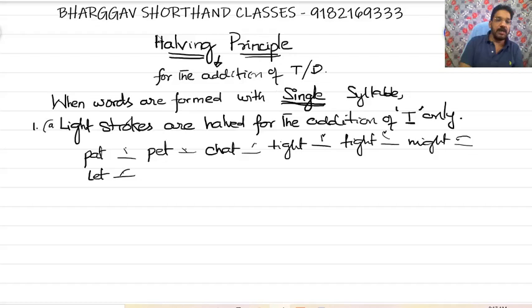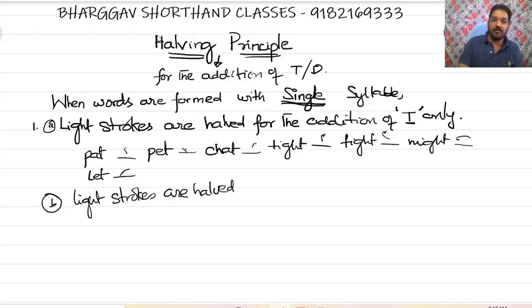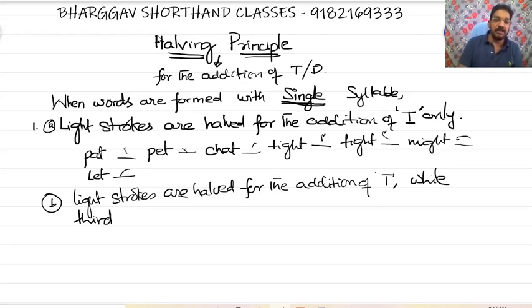Now this is A, B. Light strokes are halved for the addition of T, while for third place vowels, what was written above is only first and second place.